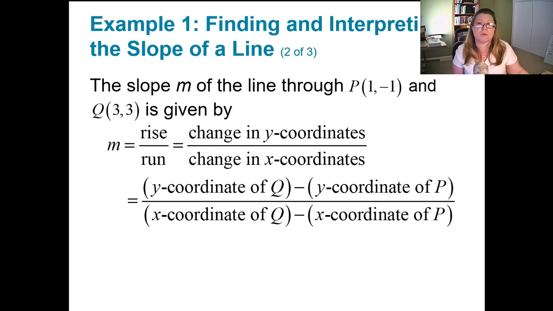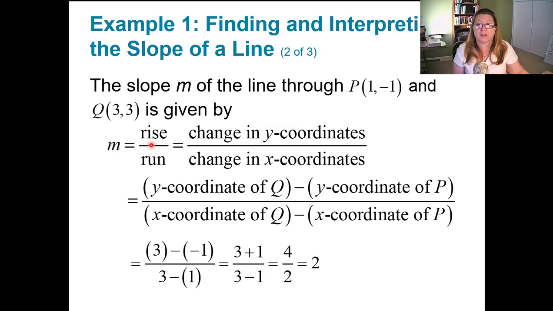Q is our second point, so we're going to list that first, then the coordinates of the P values. 3 minus -1 all over 3 minus 1. 3 minus -1 is 4, and 3 minus 1 is 2. 4 over 2 is 2. So mathematically, our slope comes out the same as if we calculated the rise and the run and put it into our rise and run.